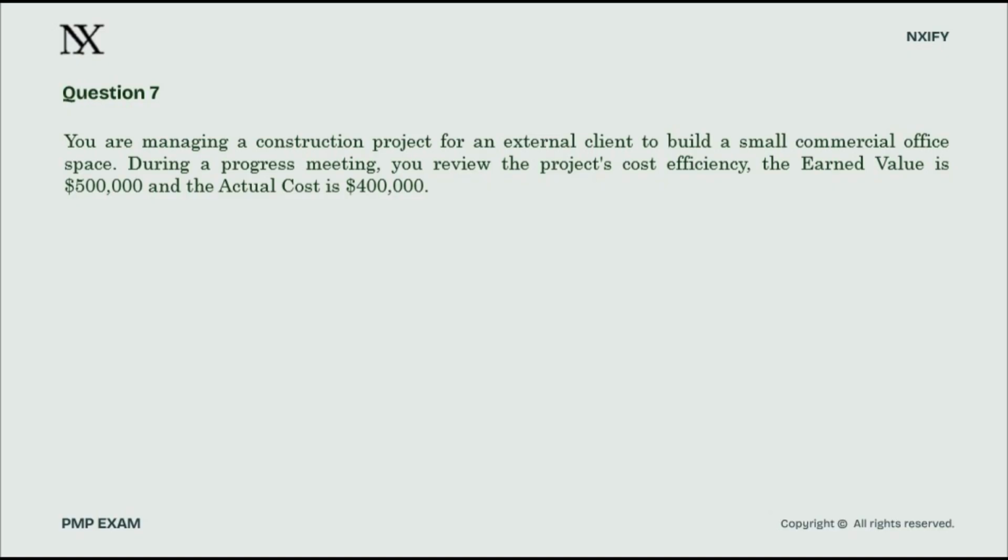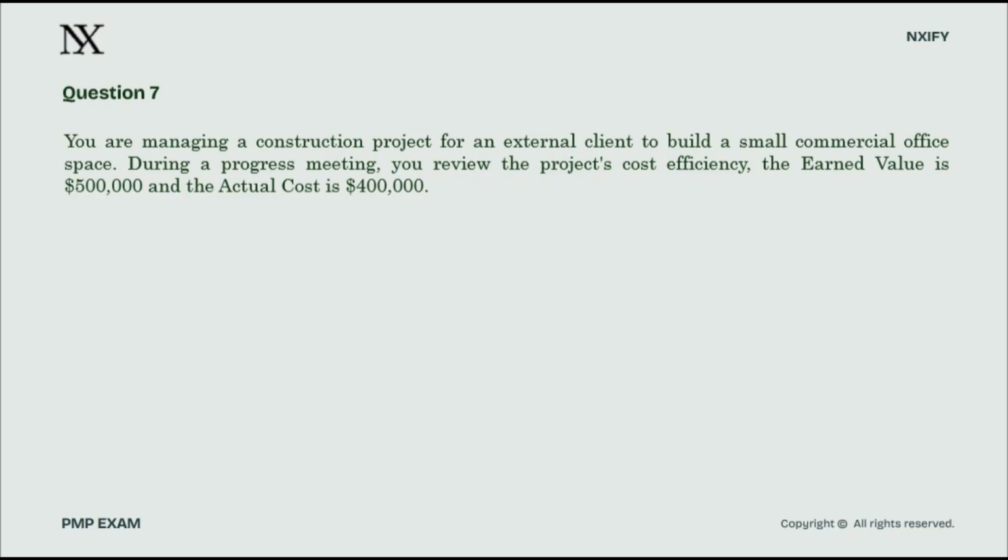You sit down at your desk, open the progress report, and 2 numbers are waiting for you on the page. Earned value, $500,000. Your crews have delivered $500,000 worth of real, inspected, signed-off work. Foundations poured, framing raised, progress you can physically stand on.